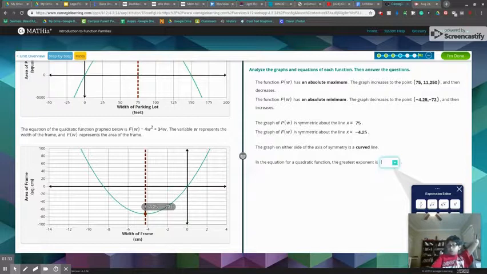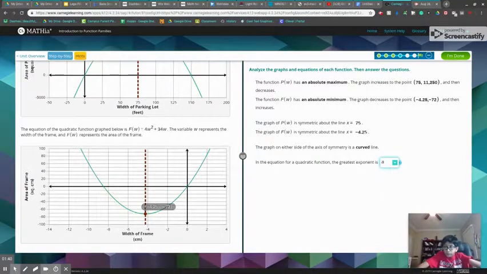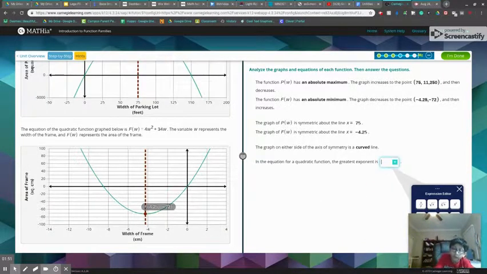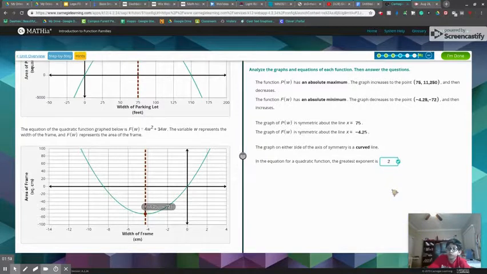Okay, is it y? No. Ooh, I think I know what they're talking about now. Is 2. Oh, they meant exponent. Okay, I read that wrong. It's 2. That makes more sense.